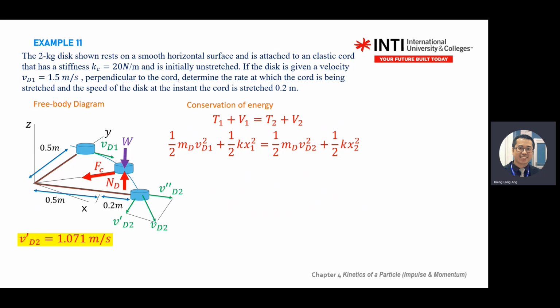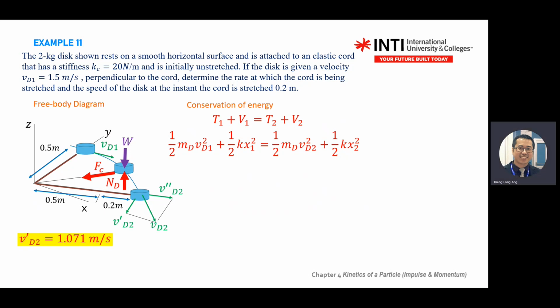Spring energy is half kx squared. Force of the spring, F spring, equals kx, but energy of the spring will equal half kx squared. That's why in this case, you are seeing kx squared there.